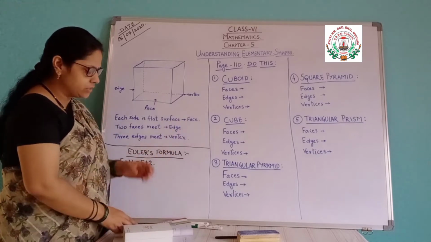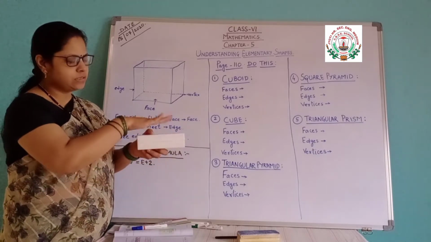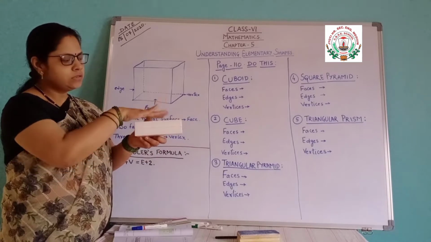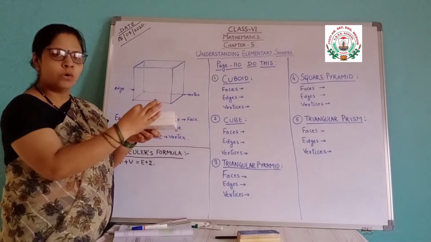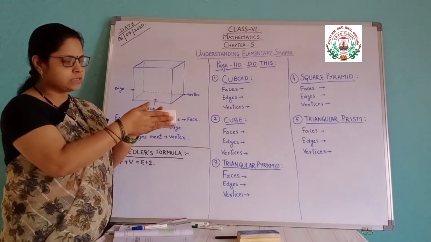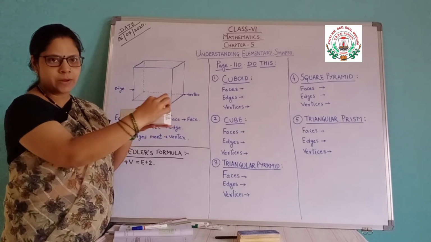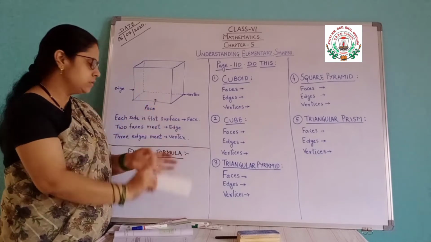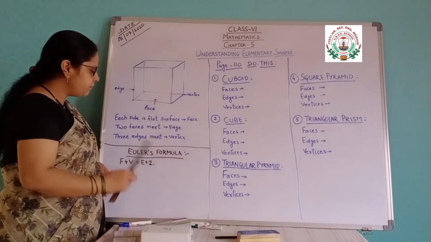And what is the edge? These two faces, this is one face and this is the second face. From where it is folded or molded, you can say, this line segment is called the edge. So here it is written: where two faces meet.